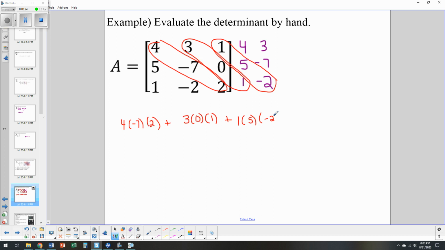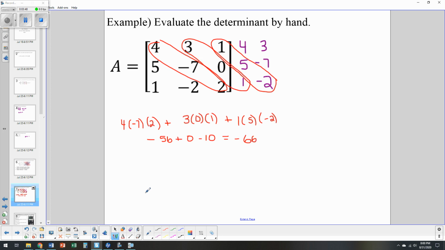So for our downward diagonals, we have -56 plus 0 plus -10. So I'm just going to write -10. Equals -66.